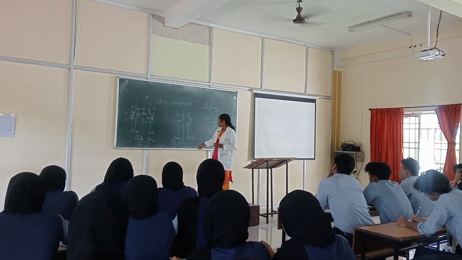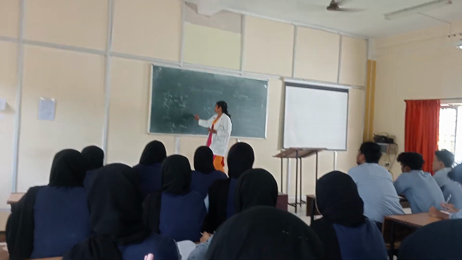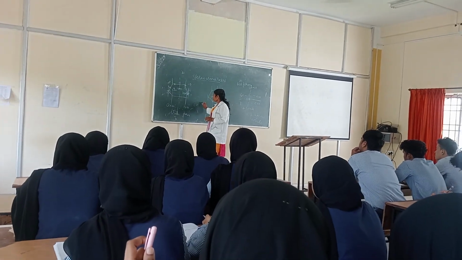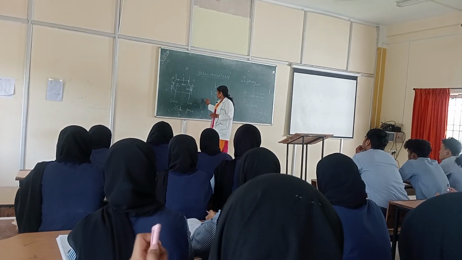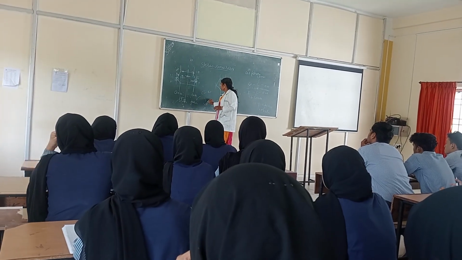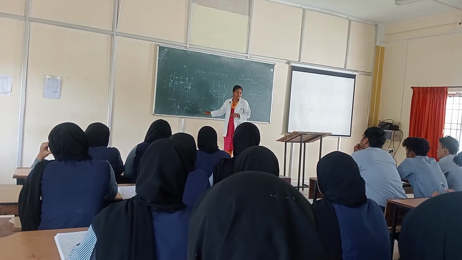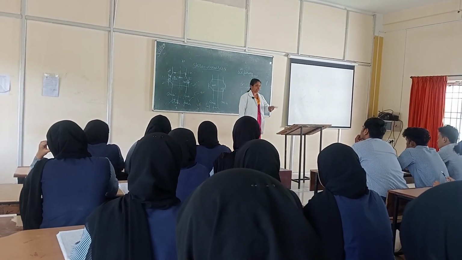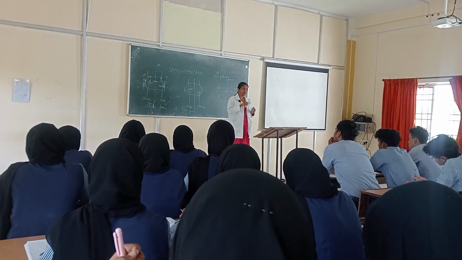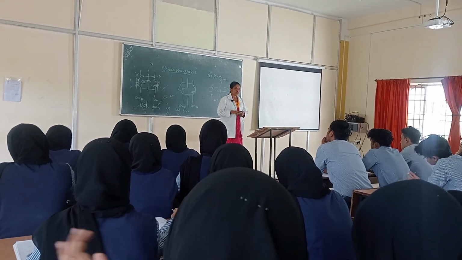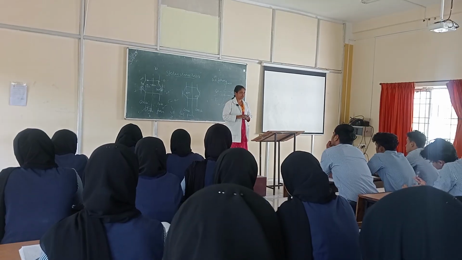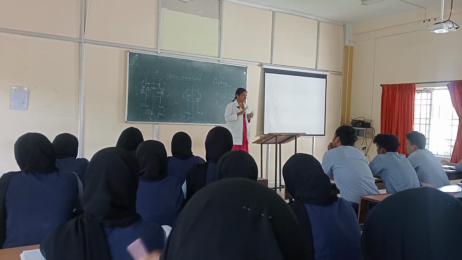Achiral means it is not attached to 4 different groups on the particular carbon. For example, COOH, COOH, so only H and COOH, only 2 groups. This is achiral. A carbon with 4 different groups around it is chiral.